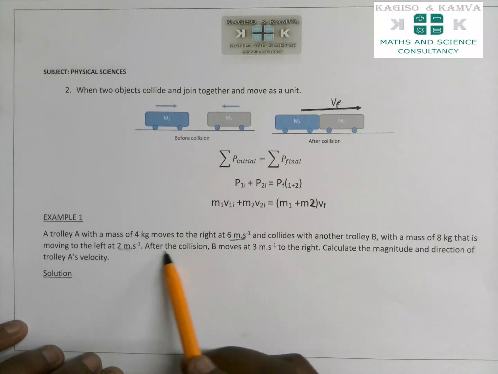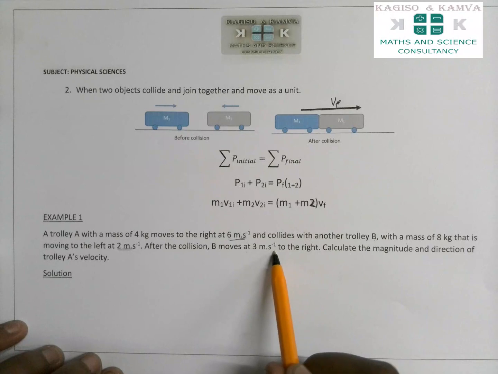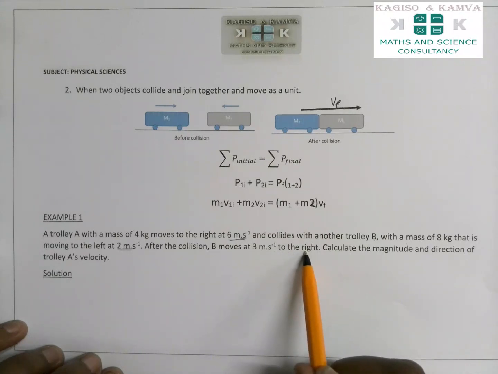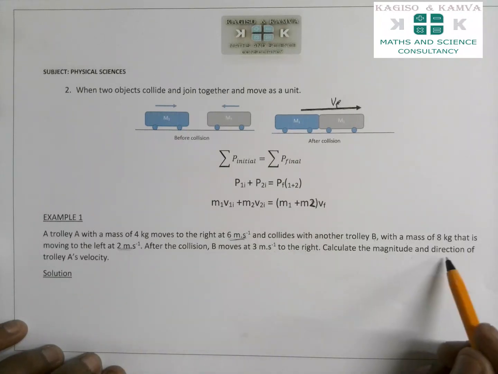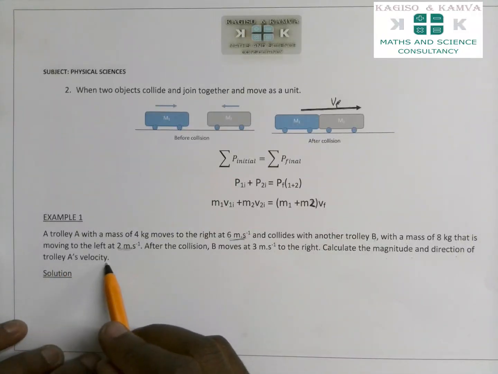Okay, after the collision, B moves at 3 meters per second to the right. Calculate the magnitude and direction of trolley A's velocity.